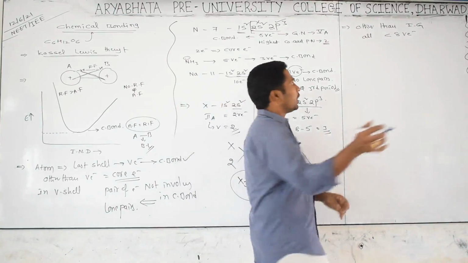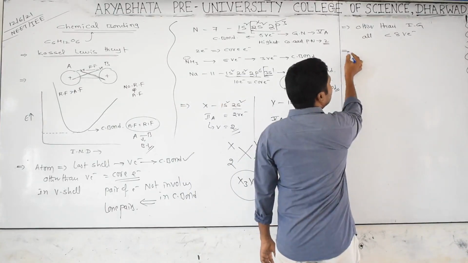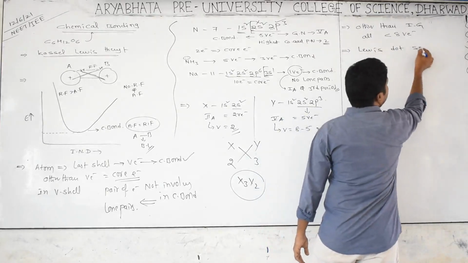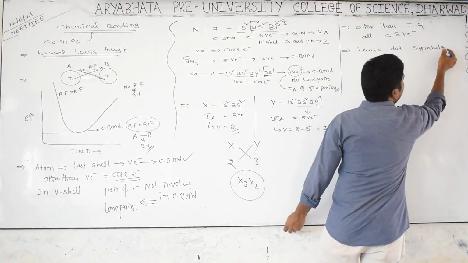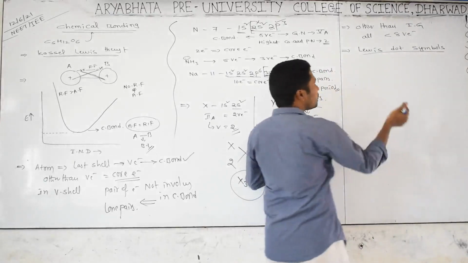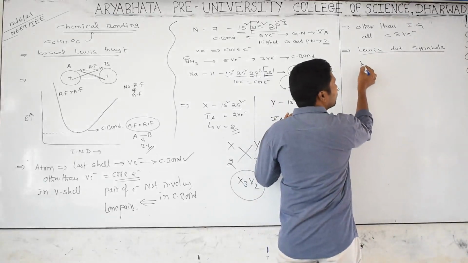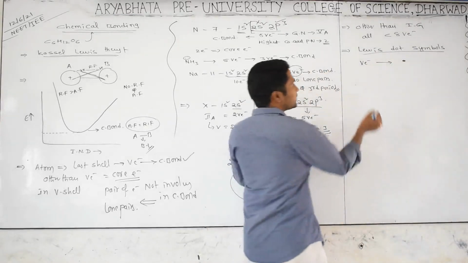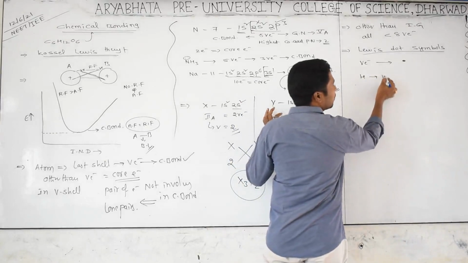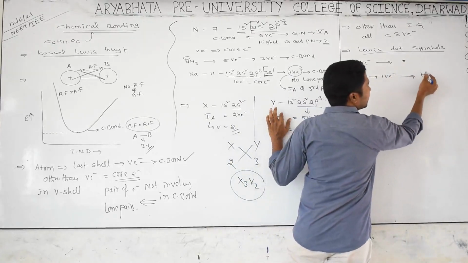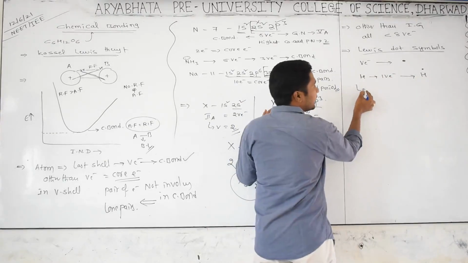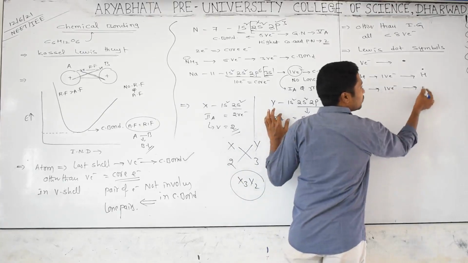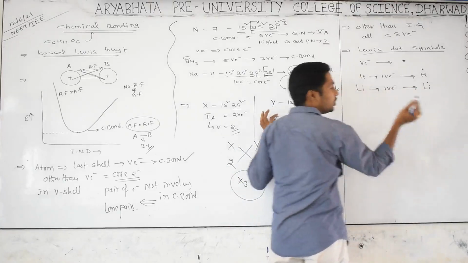Are you clear? Now we are going to discuss one more thing, nothing but Lewis dot symbols. Sir, what is the meaning of Lewis dot symbols? Generally for an element, whatever valence electrons are there, we show them as dots. For example, hydrogen has one valence electron, we denote it like H dot. Lithium also has one valence electron, shown as one dot around it.